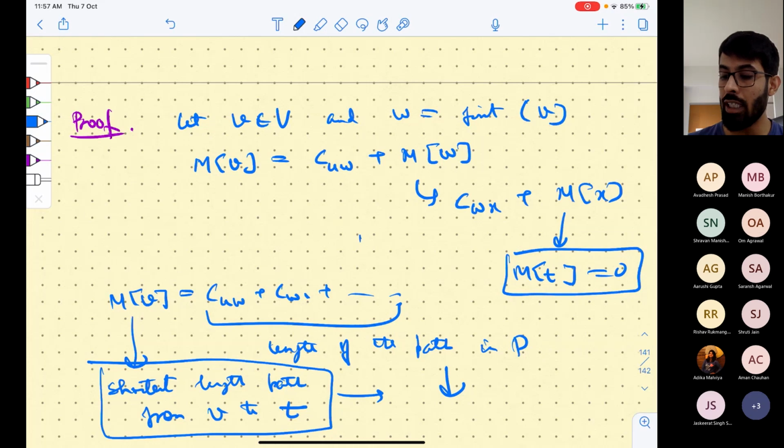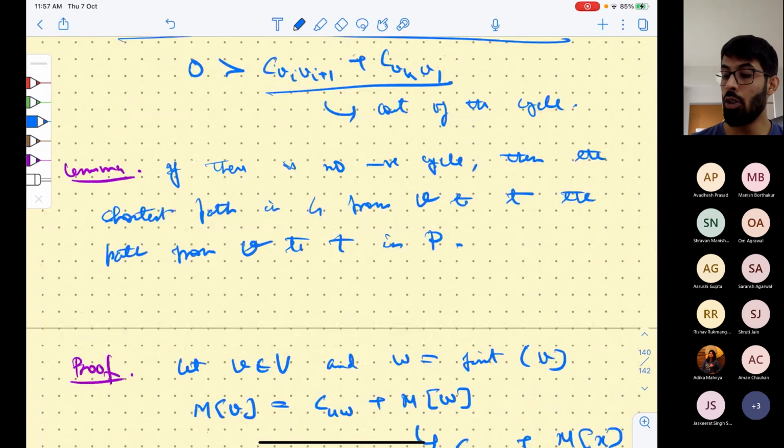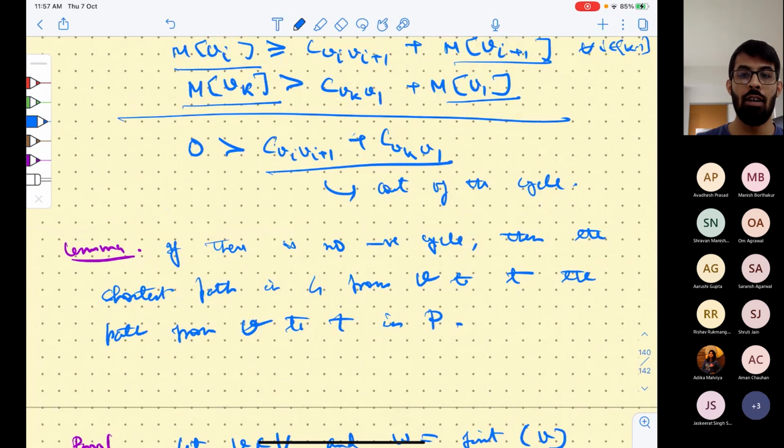So why was this lemma necessary? Why are we showing this lemma? So that following the path in graph P, we will get the shortest path from any vertex V to T. And in particular, we can get from S to T.